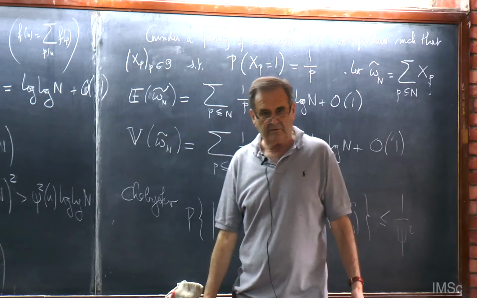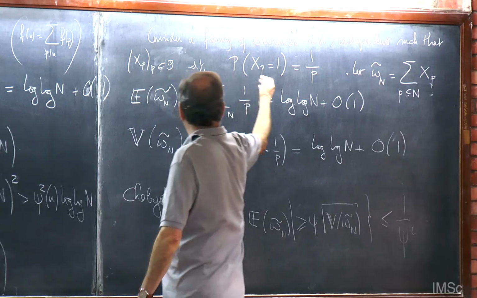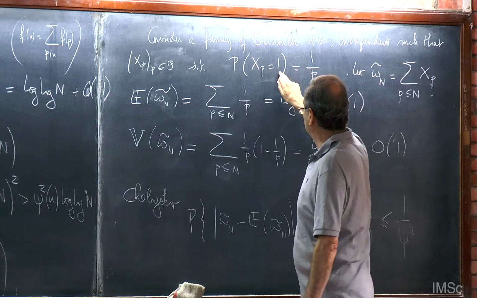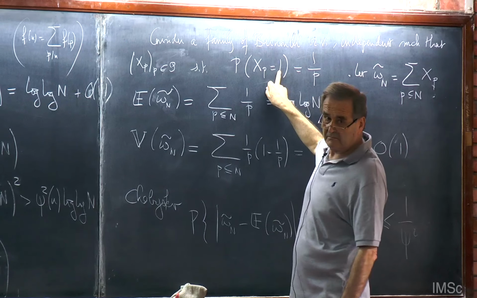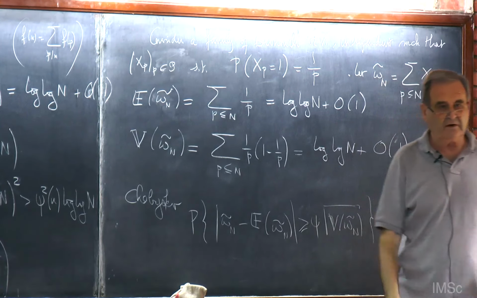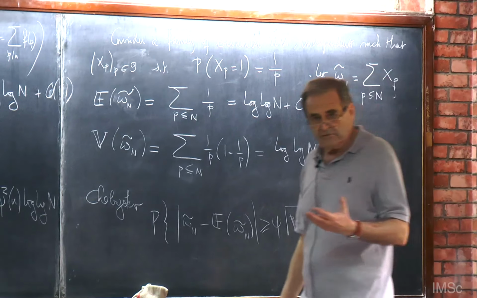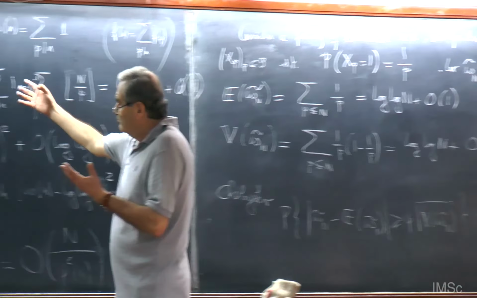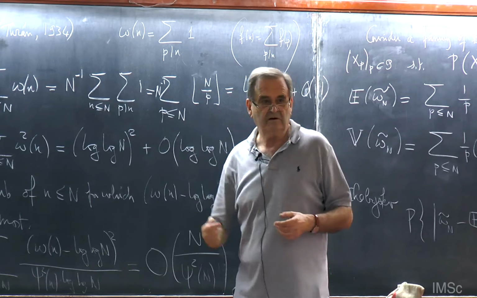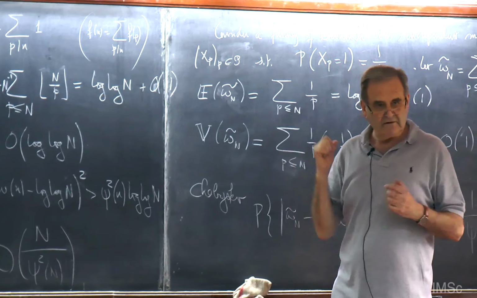And Turan-Kubilius tells you, well, build a model. Of course, the situation will not be that x_p is equal to 1, but x_p equal to f of p with probability 1 over p. You can do something of the same kind. The Turan-Kubilius inequality tells you that real life is never much worse than what you have in the probabilistic model, but in the probabilistic model it's much easier.